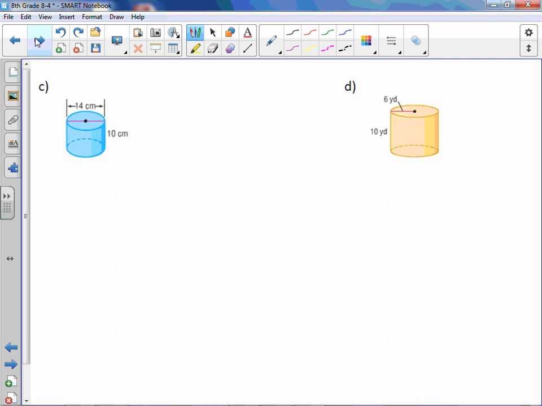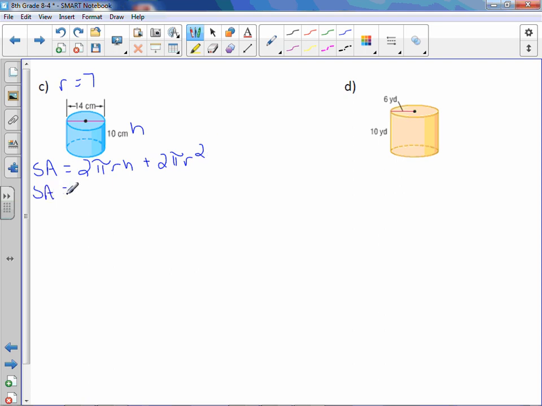Letter C. Our diameter is 14 because it goes straight across. The radius is half of that, or 7, and the height is 10. Surface area equals 2 pi r h plus 2 pi r squared.